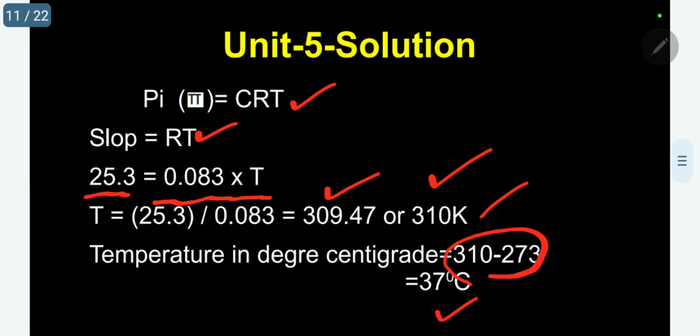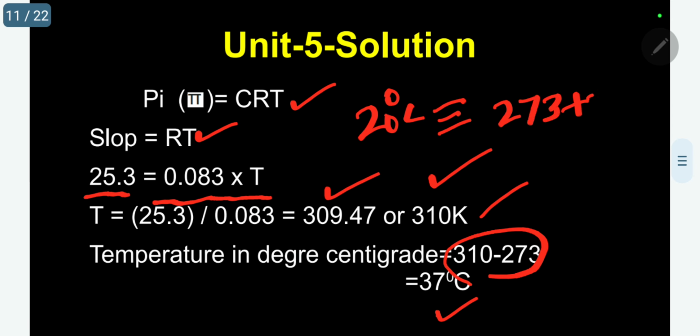How to convert a temperature from degree centigrade to Kelvin? Very simple. You have to add 273. For example, 20 degree centigrade will be equal to 273 plus 20, that means 293 Kelvin.